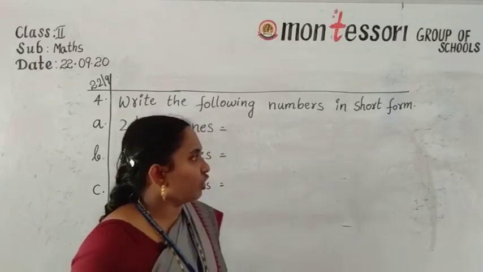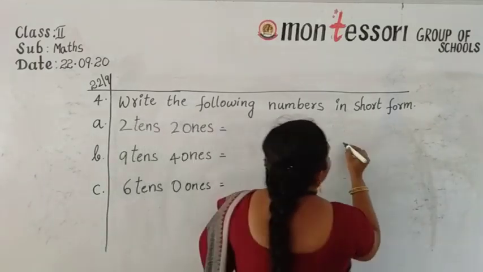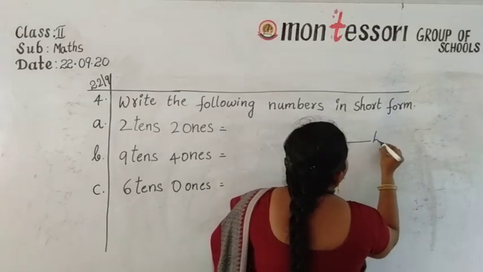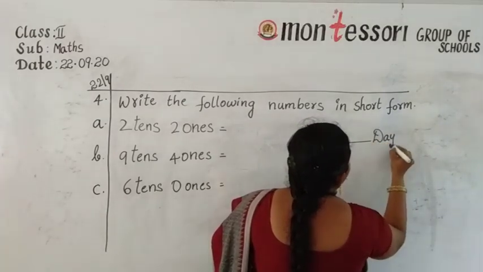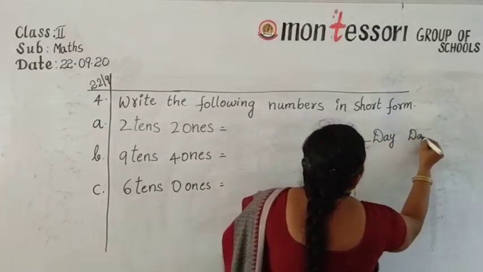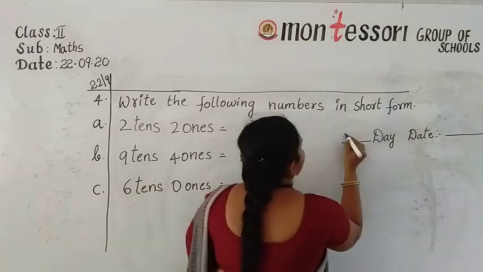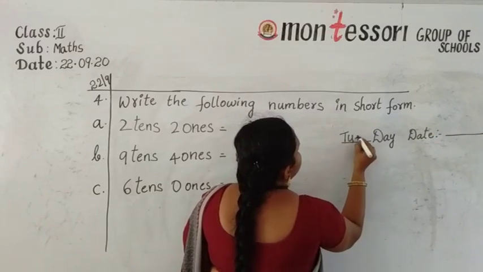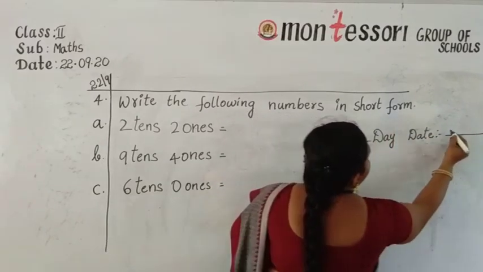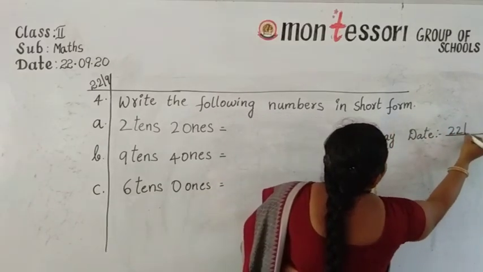Take your diary, all of you. Write today's date, day Tuesday, date 22/9.